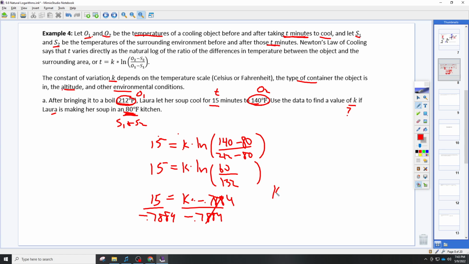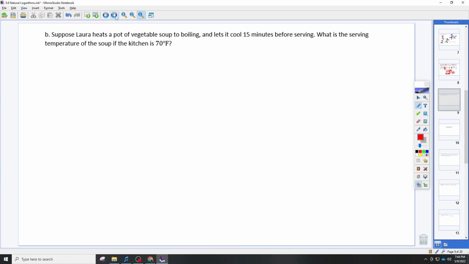Let's see what we get. 15 divided by negative 0.7884. I got about negative 19. And it's 0.02, so I'm going to just keep it like that, negative 19. So that would be our K value. Okay, that's our K value.